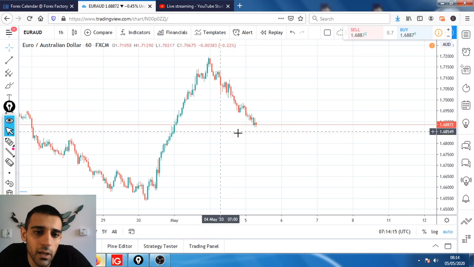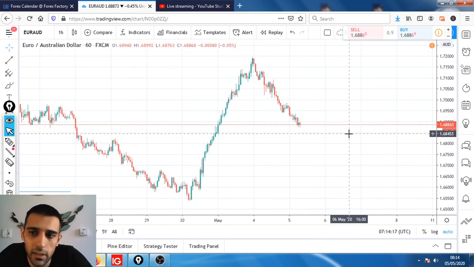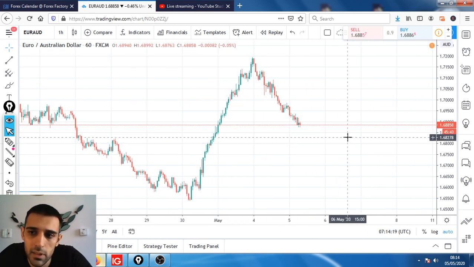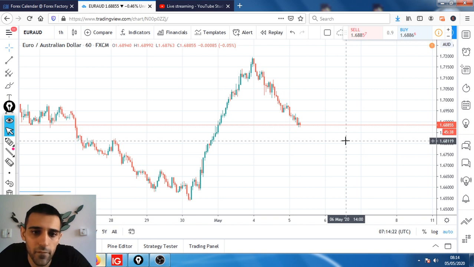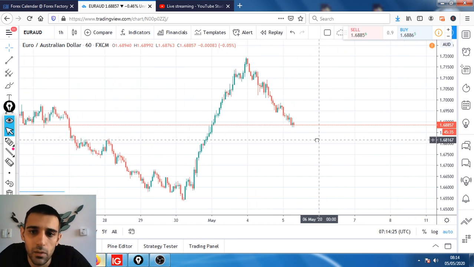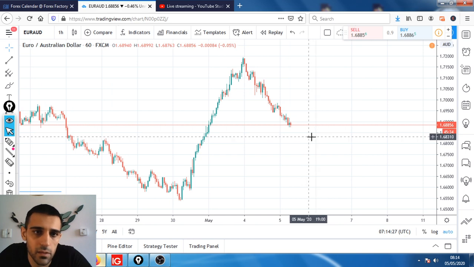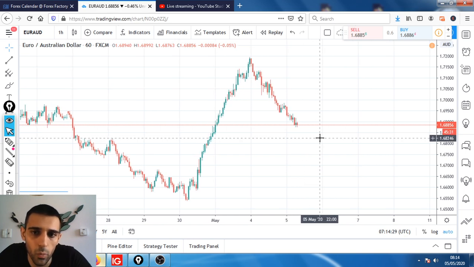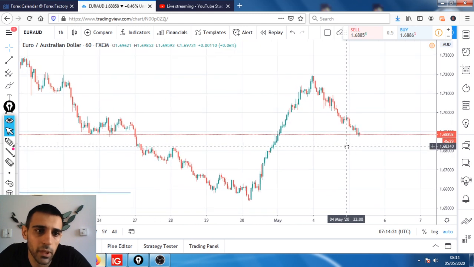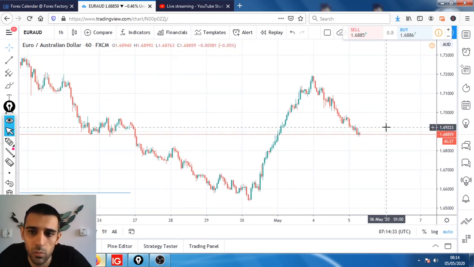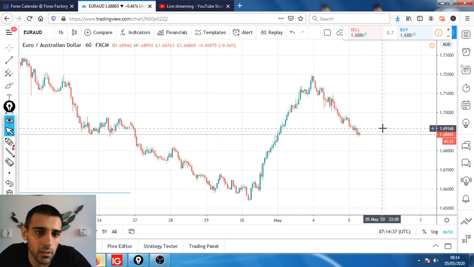So as I mentioned, the target would be at around 168.15. Now let's look at where the potential is to get onto the trade. What would be the entries in here? Okay, so we got this 169.